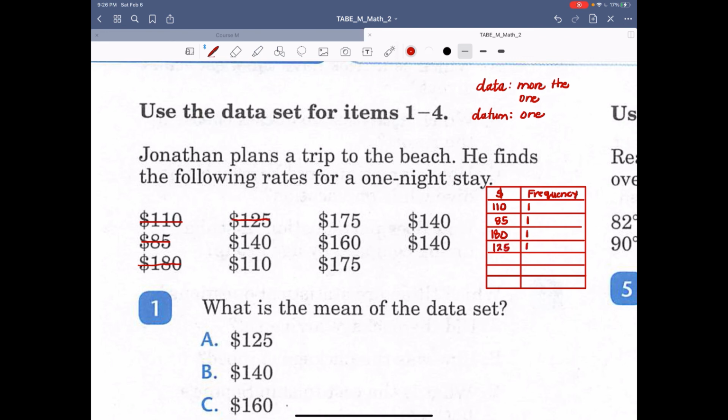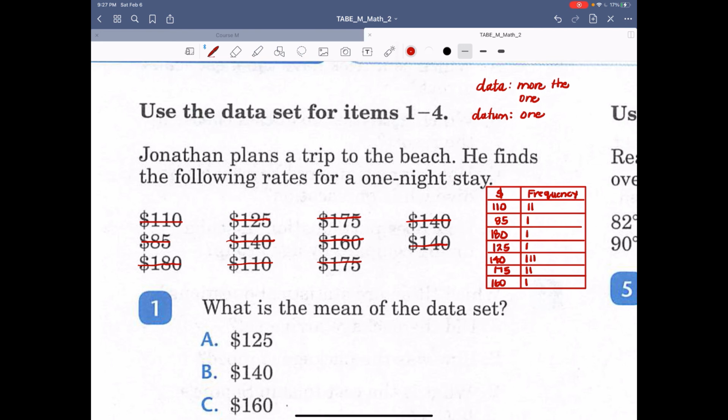And that off. A $140. Mark that off. $110. We've already got that one, so just put a second tally mark up there. Then $175. $160. $175 again, and then $140 and $140. So put those in there twice.